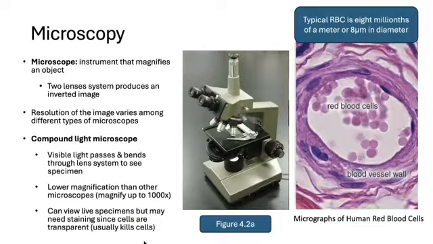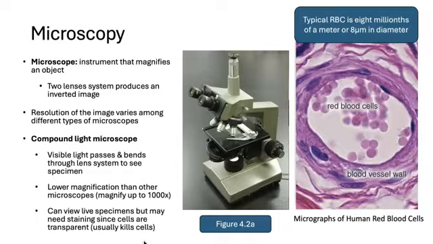And two terms that we really use in microscopy are resolution and magnification. So when we talk about resolution, we're really talking about how clear these structures are to one another. Sometimes we can have, let's say, two distinct images, and they're so close in alignment with each other that it looks like one thing.